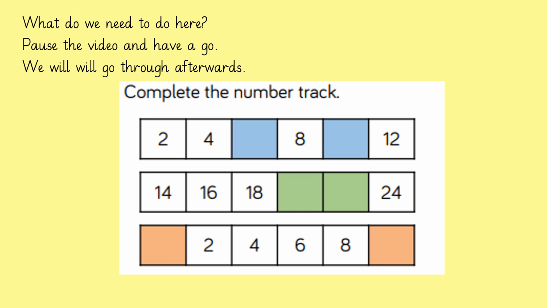So you've got to take away 2 from the second number. So the second number is 2, and it goes 4, 6, 8, and I think you all know the end one is 10. But if you look before, you need to take away 2 from 2. What do you think that might be? The first one is going to be 0 in the red box.